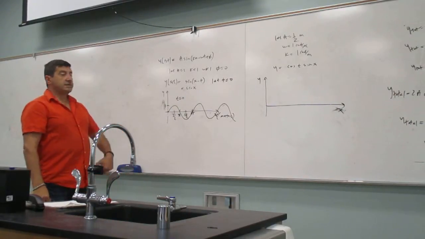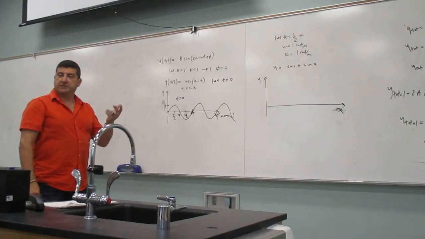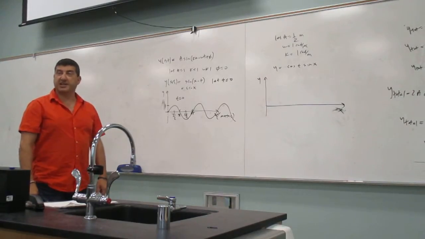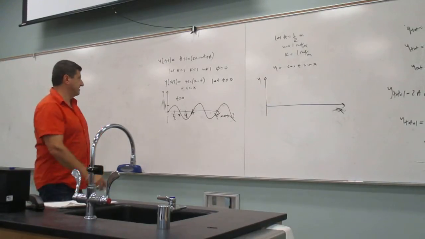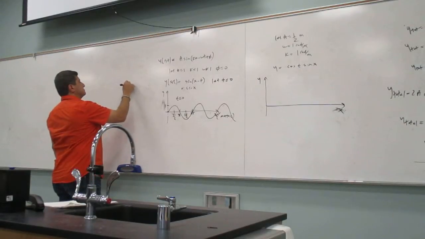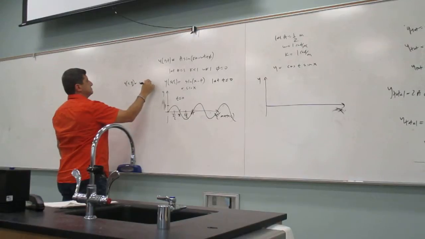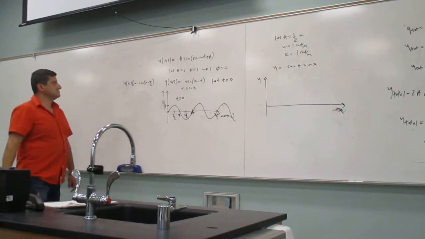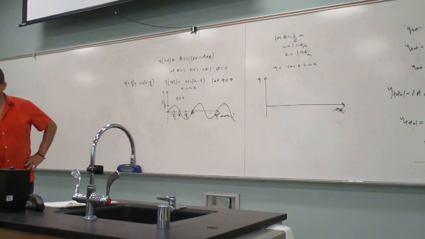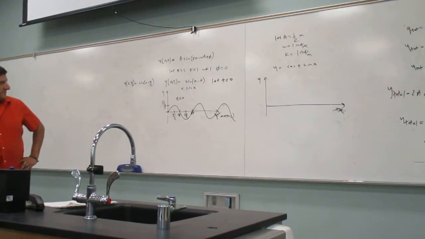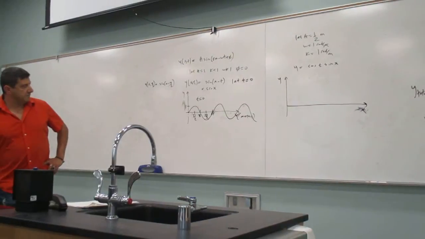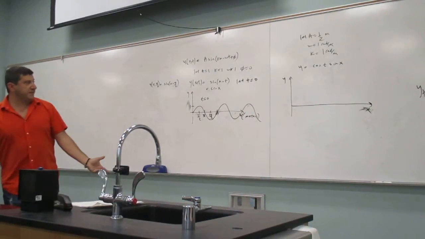Then we said, let's take another snapshot of the wave. Let's say t equals pi over 2 seconds. So then what's that going to look like? Sine of x minus pi over 2. Since we've done this before, now you're revisiting it.